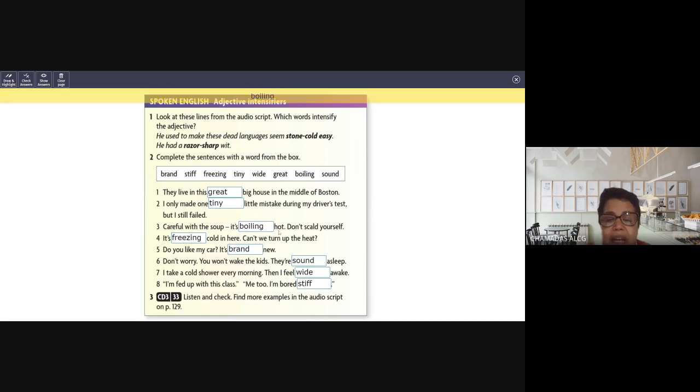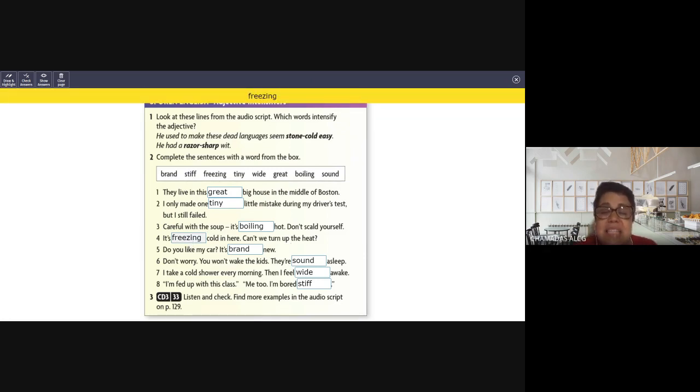It's boiling hot. Instead of saying it's very hot, which is the natural way to say, oh, careful, it's very hot, we can say it's boiling hot, just to intensify, okay? Hot is the adjective, so I can intensify using the adjective boiling, okay? Number 4, it's freezing cold in here. Can't we turn up the heat?